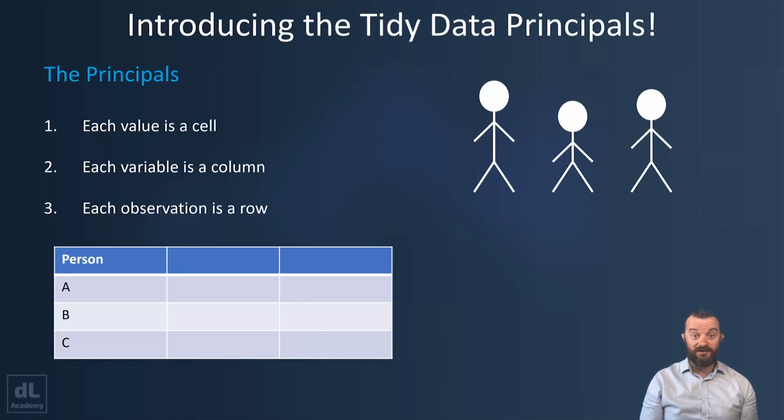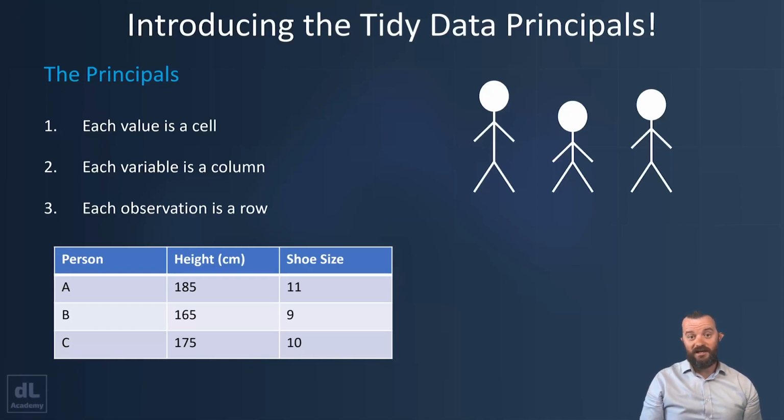So all of person A's data is in row 1, all of person B in row 2, and all of person C's in row 3. The variables we've collected, the height and shoe size, they will be columns in this tidy data set. And then the values, the individual measurements for each observation and each variable would be cells.